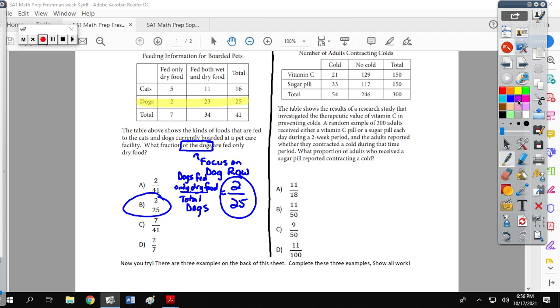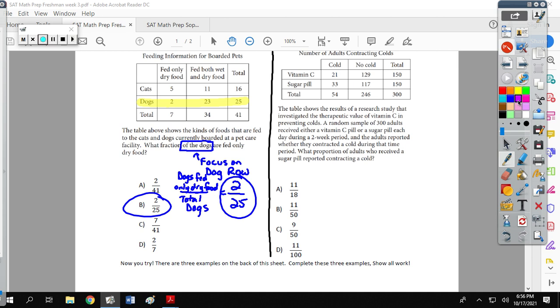Now these can get kind of wordy, ladies and gentlemen, so we need to make sure that we read the entire question and that we're very careful as we do these problems. So here on our last example, it says the table shows the results of a research study that investigated the therapeutic value of vitamin C in preventing colds. A random sample of 300 adults received either a vitamin C pill or a sugar pill each day during a 2-week period.